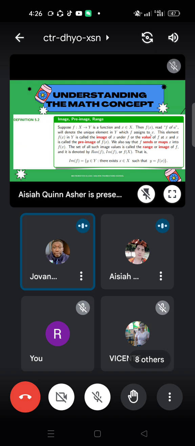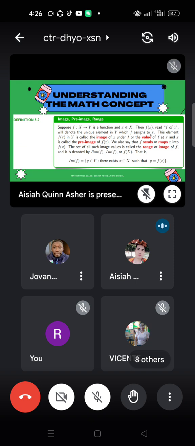Okay, so let us continue. Definition 5.2, the image, the pre-image and the range. Suppose f: X to Y is a function, and x is an element of X. Then f of x will denote the unique element in Y which f assigns to x.